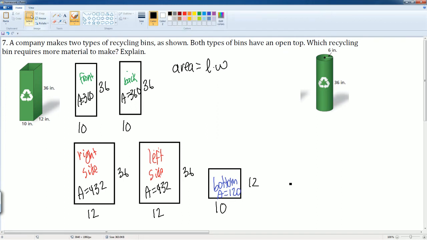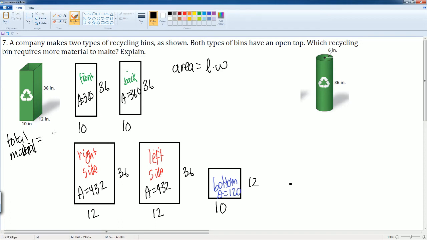So we can now just add all these together. I could say surface area without the top, so the total material would be all this together.